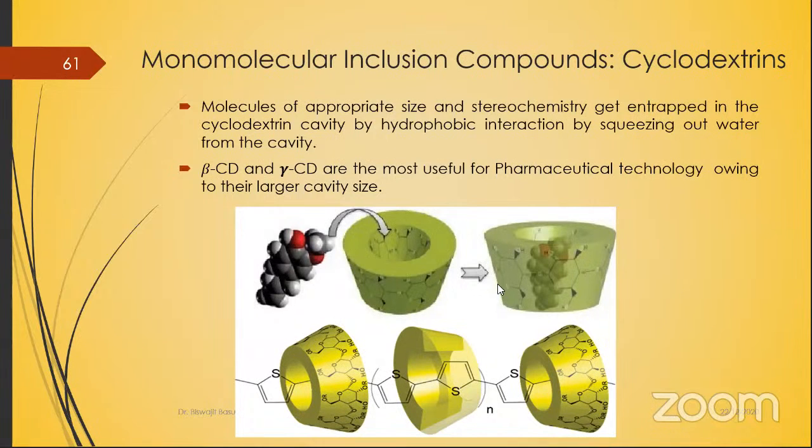See, this is the drug molecule, and this is the hydrophobic cavity. So the drug will easily be accommodated inside the cyclodextrin. Beta CD and gamma CD are the most useful for pharmaceutical technology owing to their larger cavity size. They are used the most.